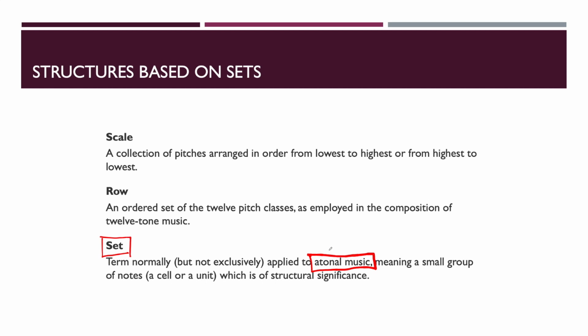It is something else, meaning a small group of notes, a cell or a unit which is of structural significance. This is the important part. It should be of structural significance. It is not a scale, because it has an interesting organization. It is also not a row because it doesn't contain all the 12 pitch classes.